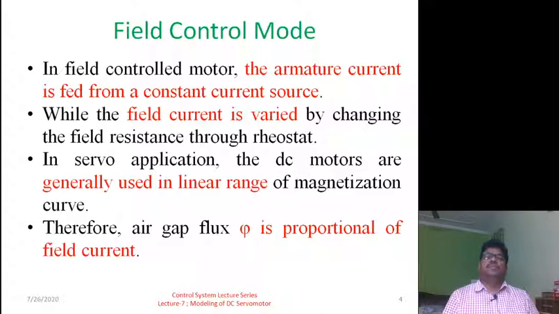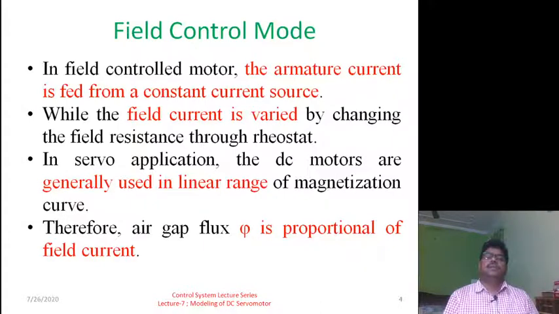In field control mode, the armature current is fed from a constant current source, while the field current is varied by varying the field resistance through a rheostat control.